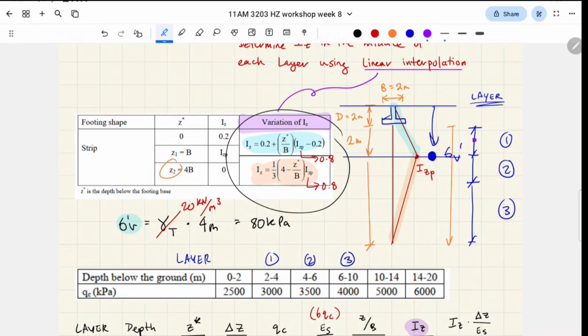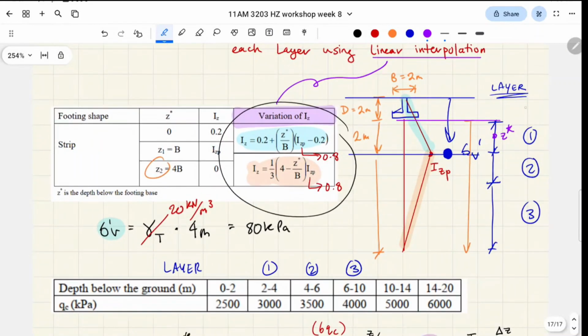What we have to calculate is something called Z star. Z star is the depth from the base of the footing downwards for this layer. Z star is going to be 1 meter, right? Because the layer thickness is 2 meters, okay?